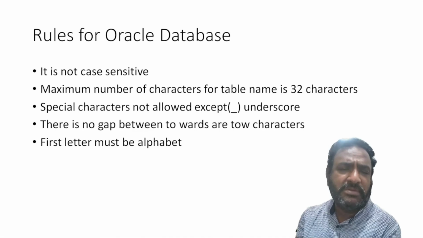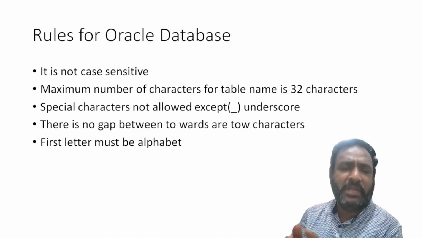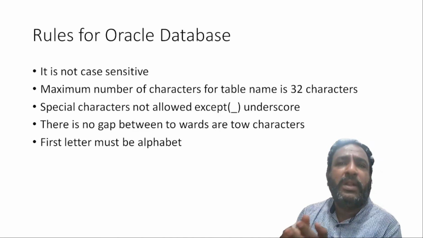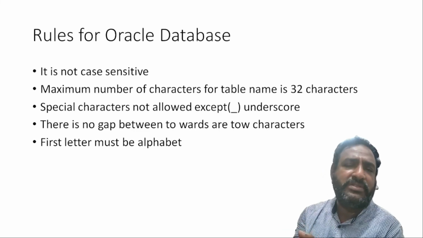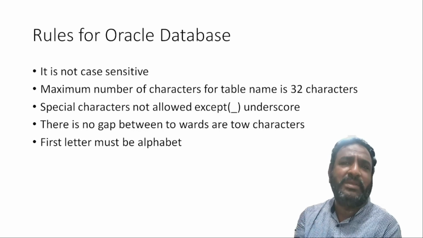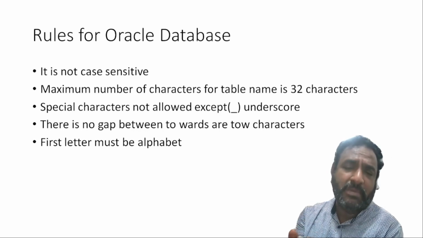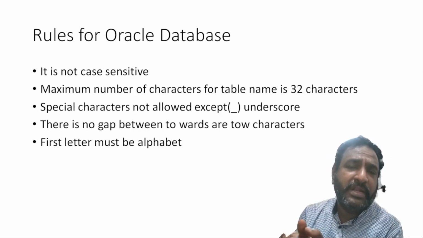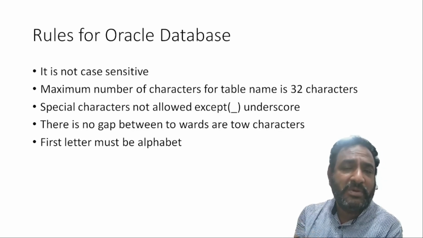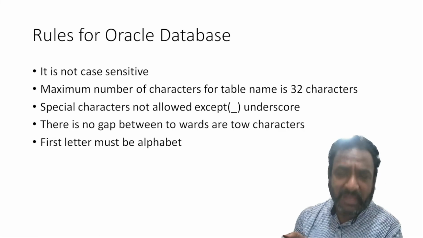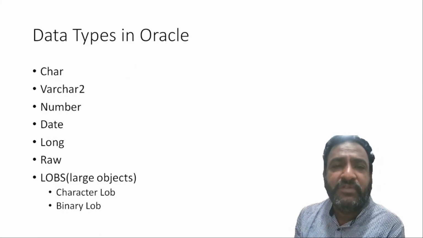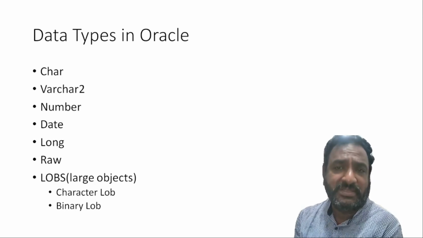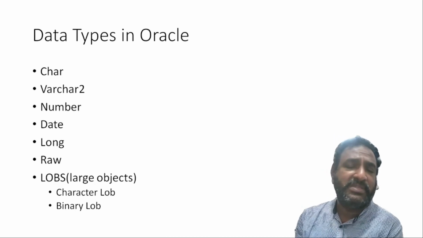Oracle supports a huge number of data types, but in this video I will discuss only the data types we are going to use in further sessions, because nearly 400 to 500 data types are supported by Oracle, and it is not possible to discuss all of them in this video.